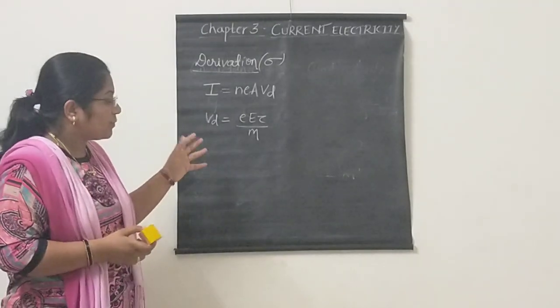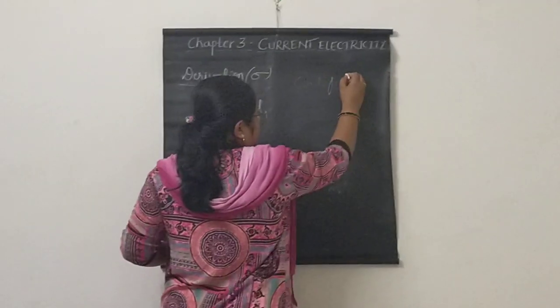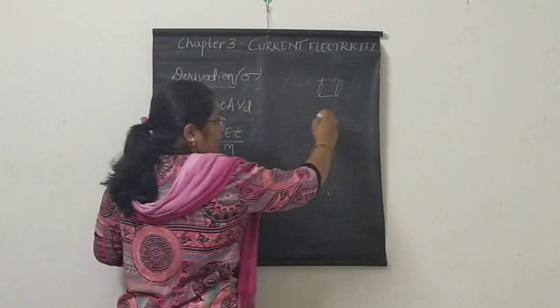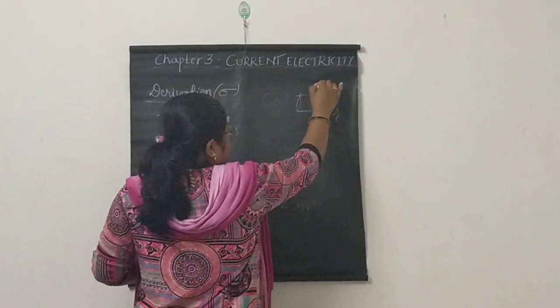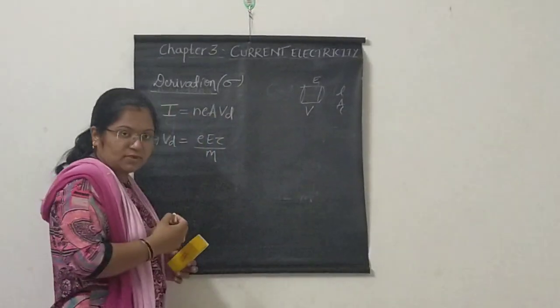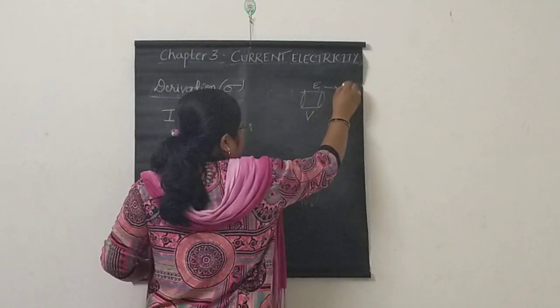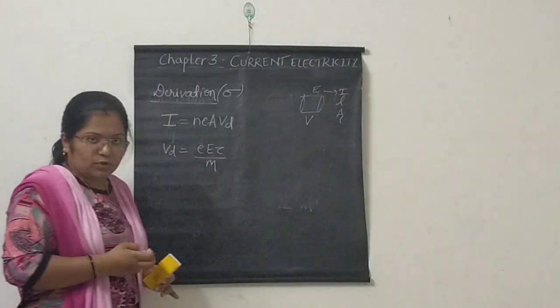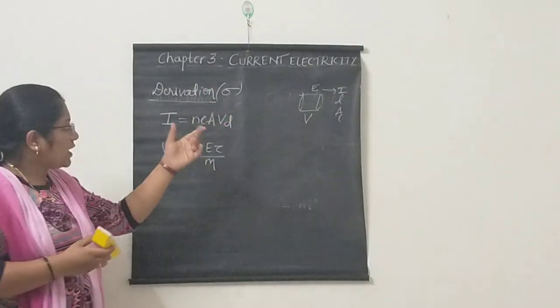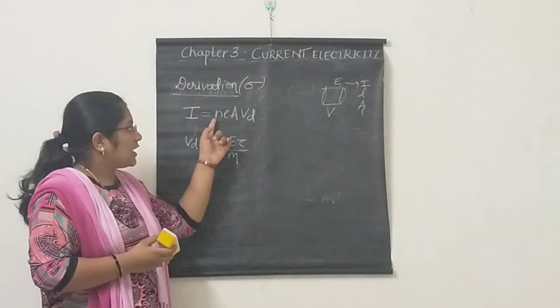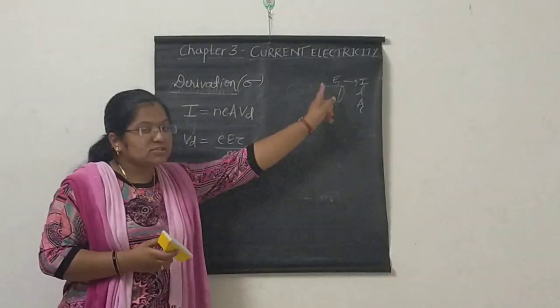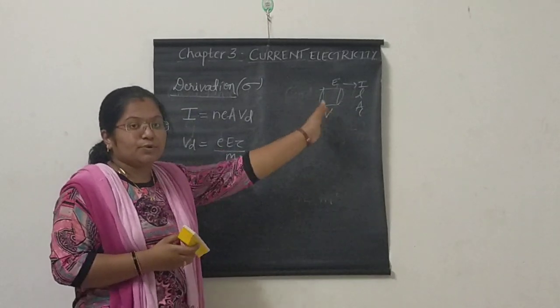Here I am considering a conductor having length L, area A, electric field E and potential difference V, and in this conductor current I is moving. By that assumption I have considered I is equal to NEA into VD, where N is the number of electrons moving in this conductor per unit volume.